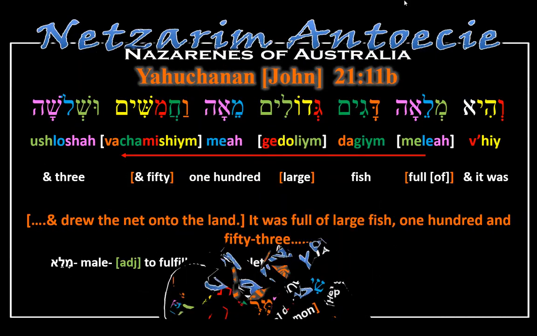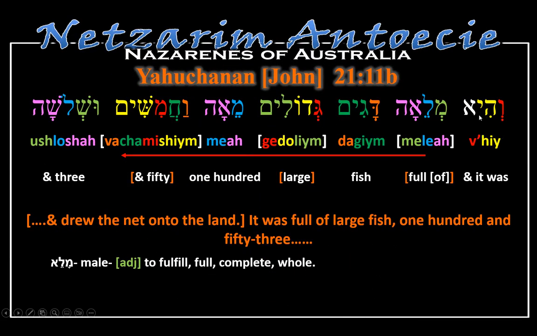So we come to part B of 11, and we have a Vav, a Hey, a Yod, an Aleph, a Mem, a Lamed, Aleph, Hey, Dalet, Gimel, Yod, Mem Sofit, Gimel, Dalet, Vav, Lamed, Yod, Mem Sofit, Mem, Aleph, Hey, Vav, Chet, Mem, Shin, Yod, Mem Sofit, Vav, Shin, Lamed, Shin, Hey.